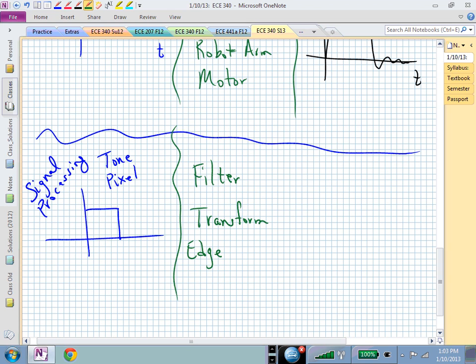And if we now filter that, suppose we filtered that, what's the output going to look like? And these are all time domain waveforms. Maybe it looks like that.